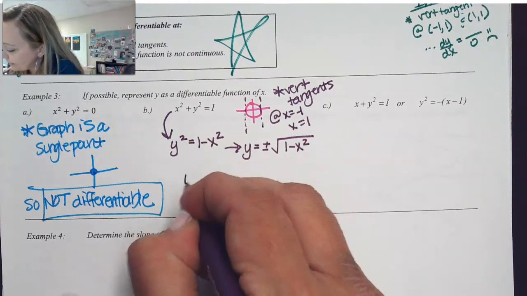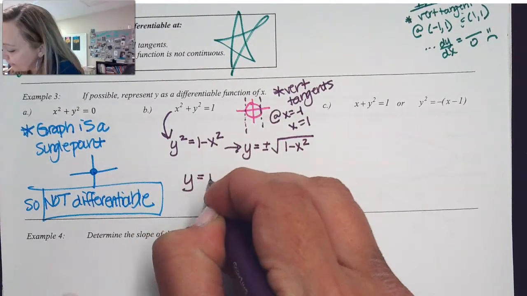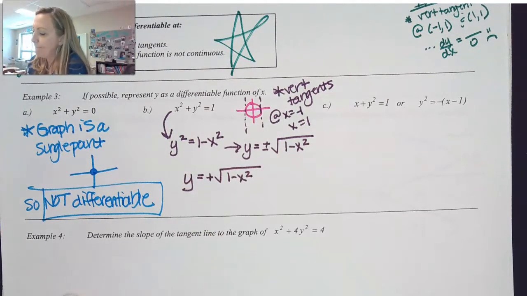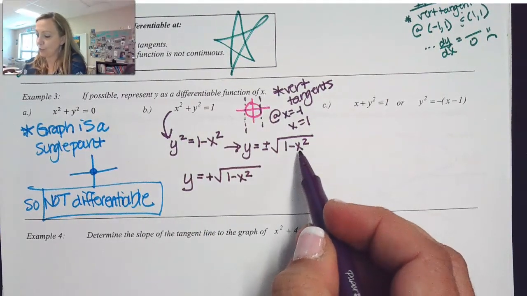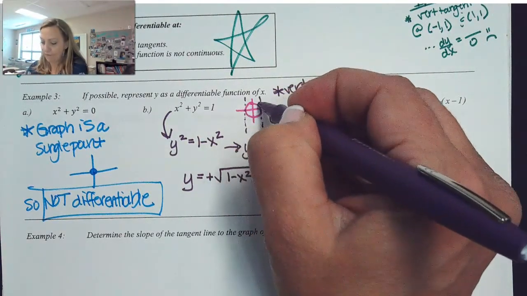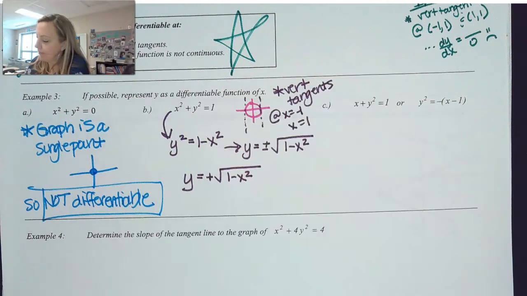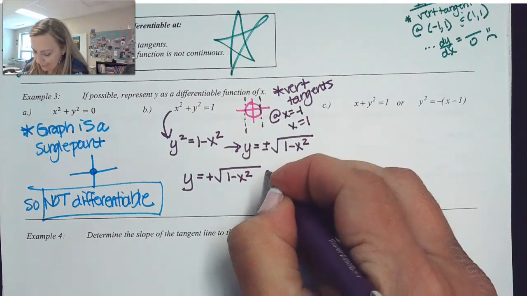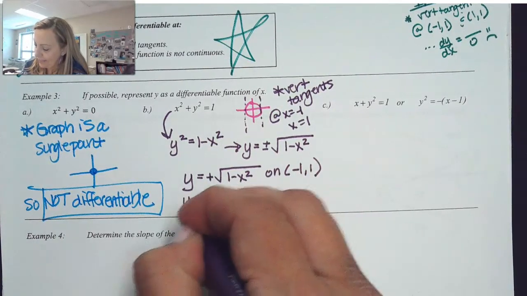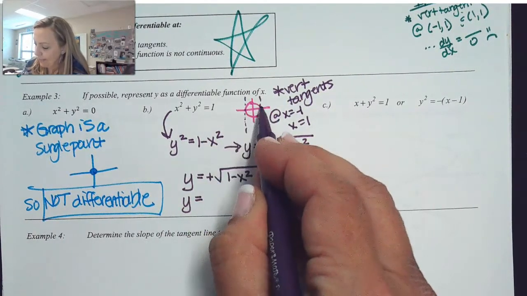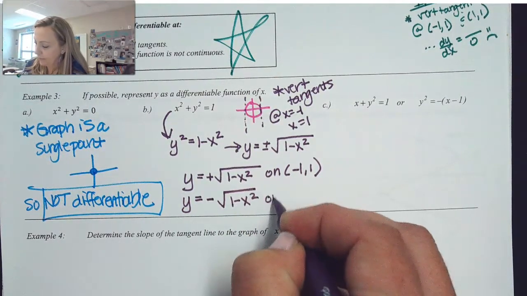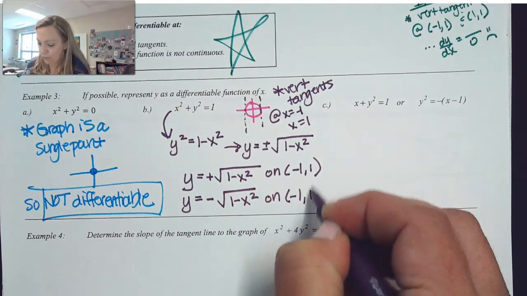So one of our pieces is that y is the positive square root of 1 minus x squared. But let's think about when that's true. That's only going to be this top part of the graph, right? So again, that's on -1 to 1. And then this is going to be this bottom part of the graph, again on -1 to 1.